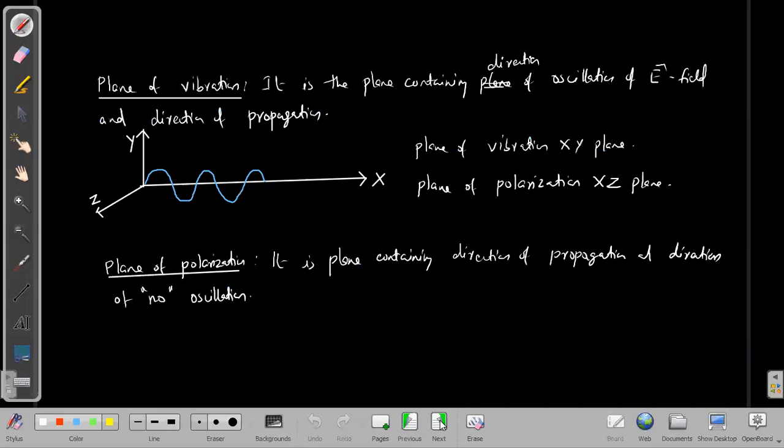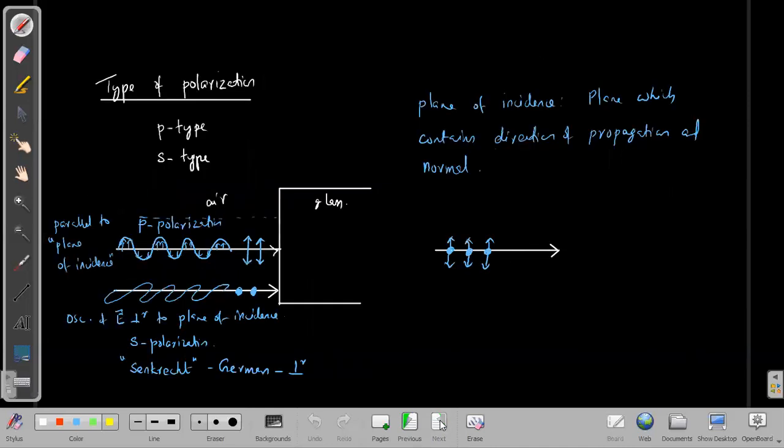And we have discussed how to graphically represent a polarized wave and an unpolarized wave. For that we introduced new terminology: the plane of vibration and the plane of polarization. If the plane of vibration is parallel to the plane of incidence, then the wave is called a p-polarized wave.